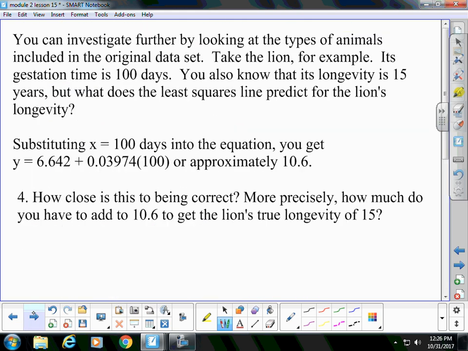All right. It says you can investigate further by looking at the types of animals included in the original data set. Take the lion, for example. Its gestation time is 100 days. You also know that its longevity is 15 years. But what does the least squares line, remember least squares line means the same thing as best fit line.